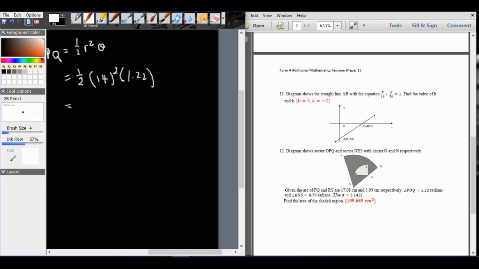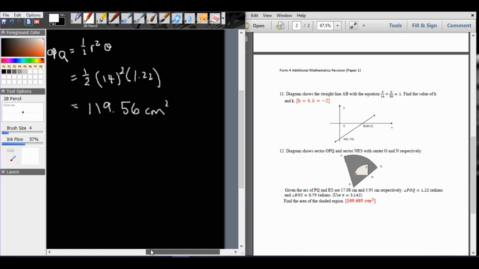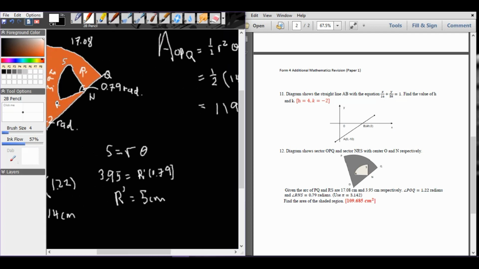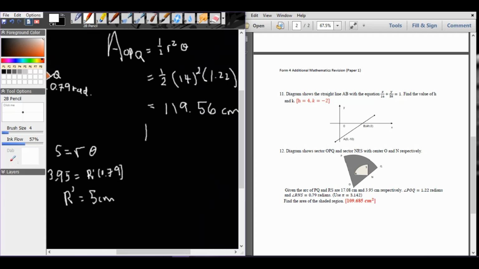Then use your calculator to find the answer. This will be 119.56 cm squared.